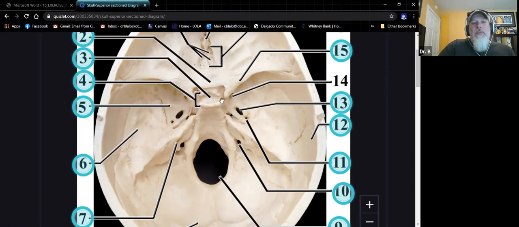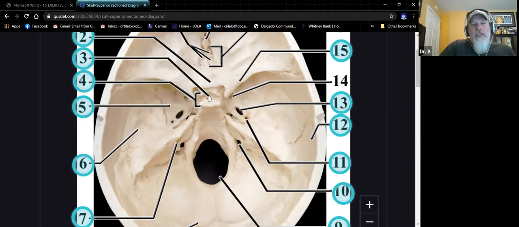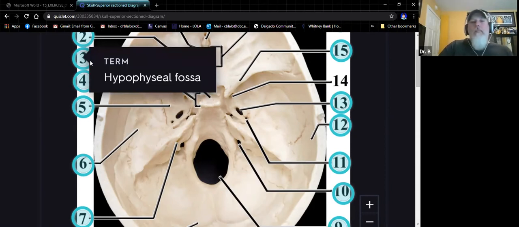You can see that we have a structure here in the middle of the sphenoid bone, and the bracketed part of that structure, these 2 ridges of bone and the center, we refer to as the sella turcica. The sella turcica has a depression in the middle of it, and that depression right there is the hypophyseal fossa. That is where the pituitary gland is going to sit.